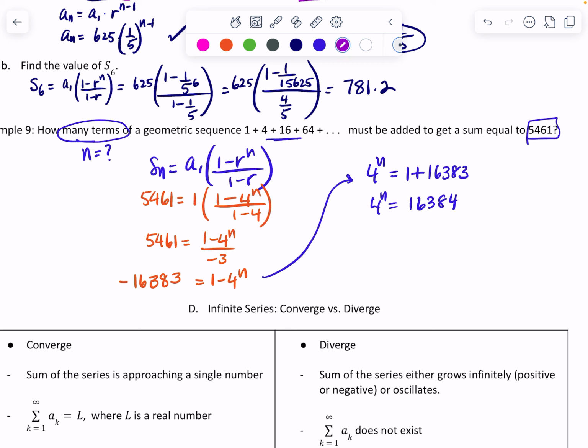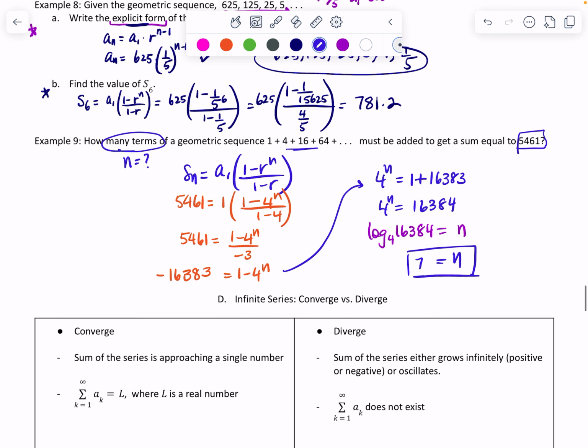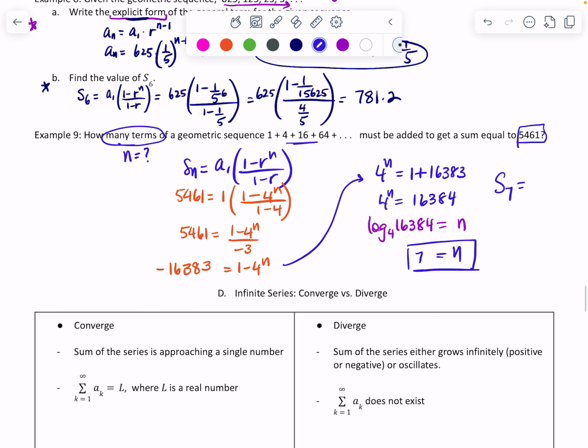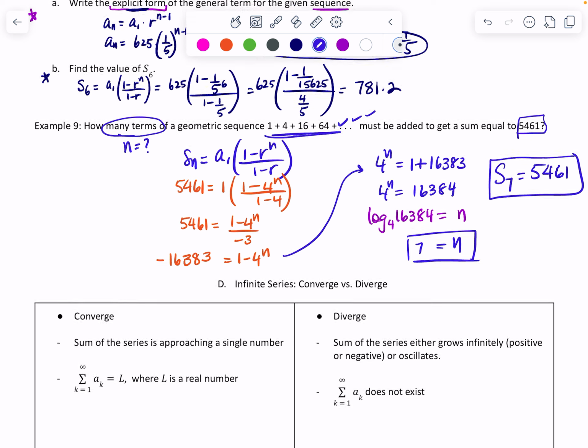We're trying to find n, so we'll have to use logs to bring n down to the normal level. Once you plug this in the calculator, n turns out to be 7, which means the sum of 7 terms will add up to 5461. The first 4 are already provided; if I do 6, 7, 8, and add them up, it should work out.